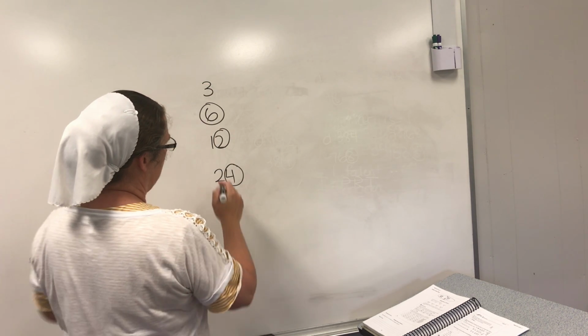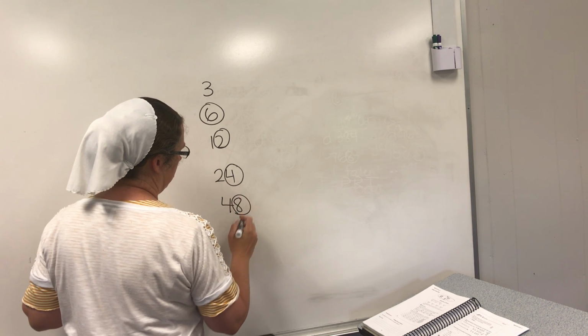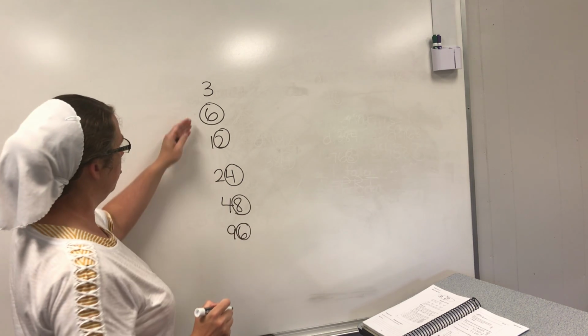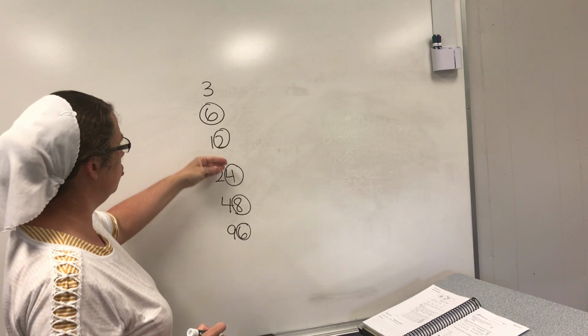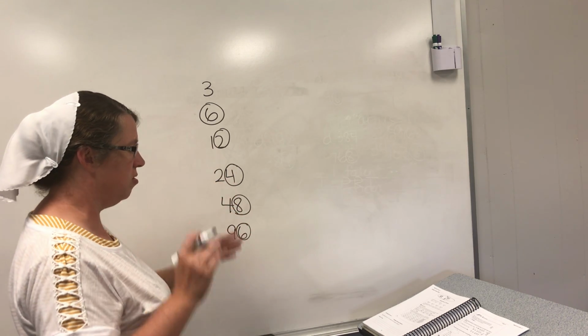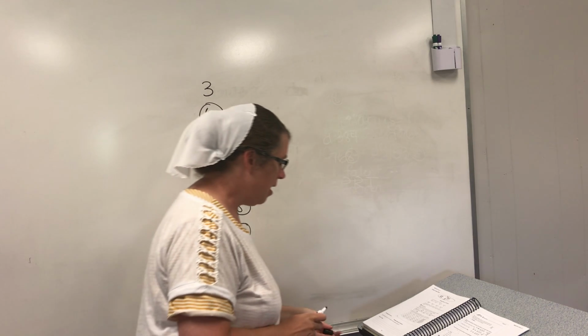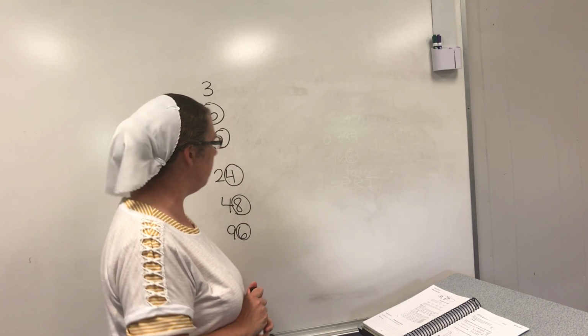What do you think? Let's double the 24, would be 48. Double the 48, we have 96. We're back to a 6. I'm sorry, 6, 2, 4, 8. 6, 2, 4, 8. I bet it would keep going. It says, what pattern do you see in the ones digit of each product?